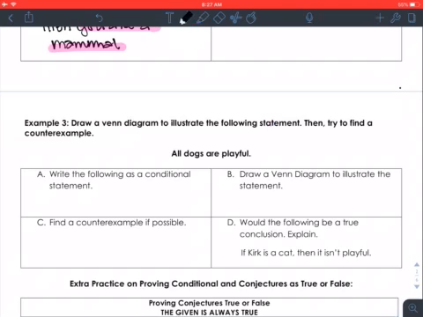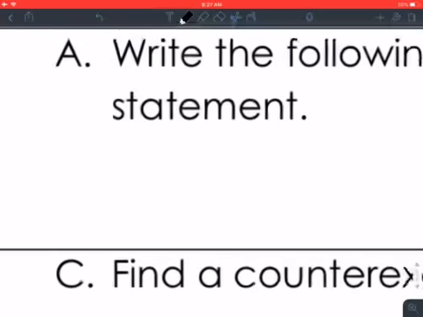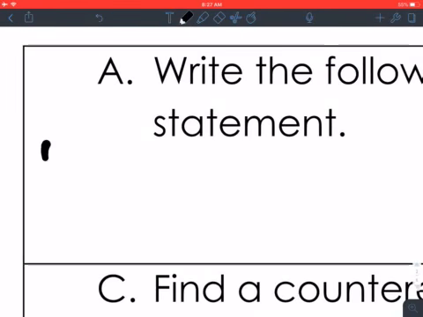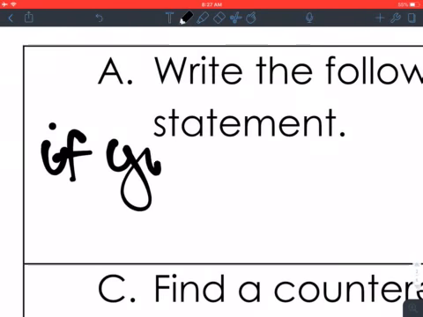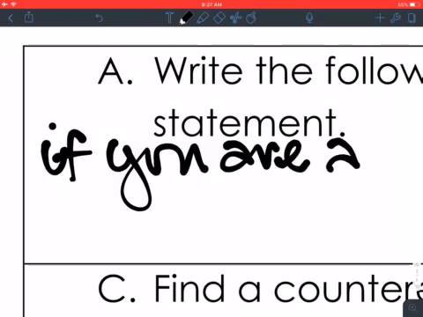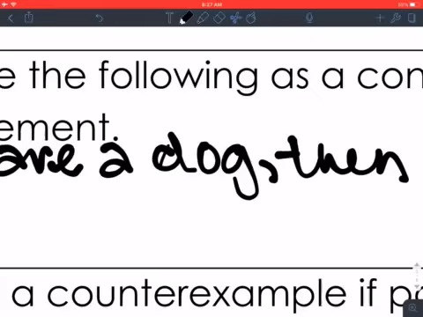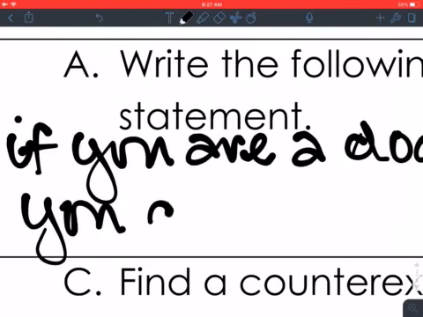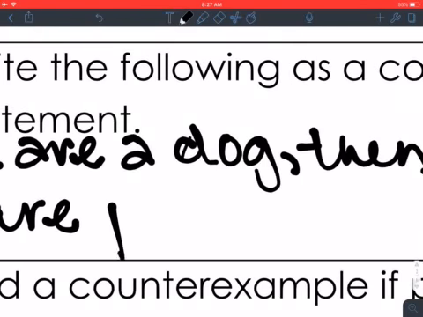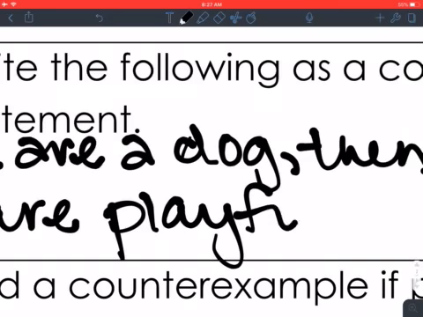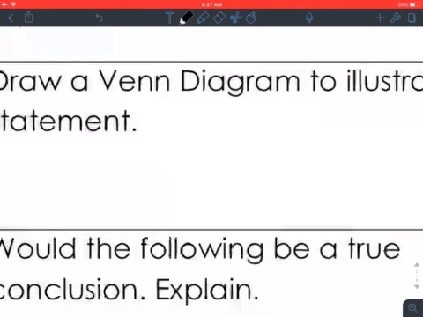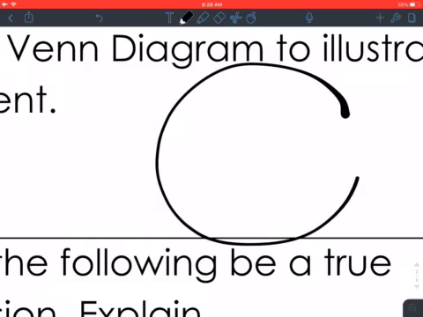So for letter A, it says write the following as a conditional statement. So I would write this as if you are a dog, then you are playful. Okay? We're then going to take that conditional statement and we're going to put it in our Venn diagram. All right, so we have to make our own this time.